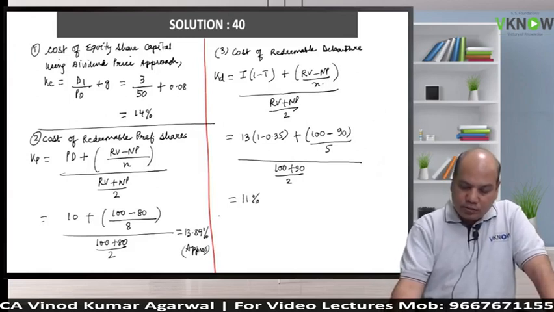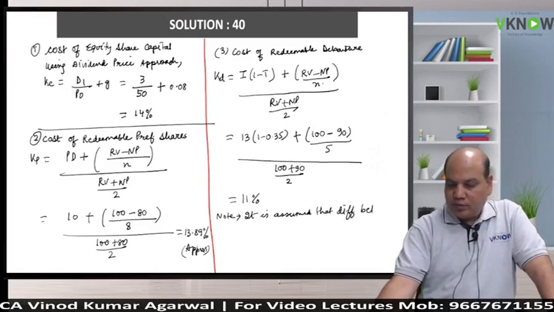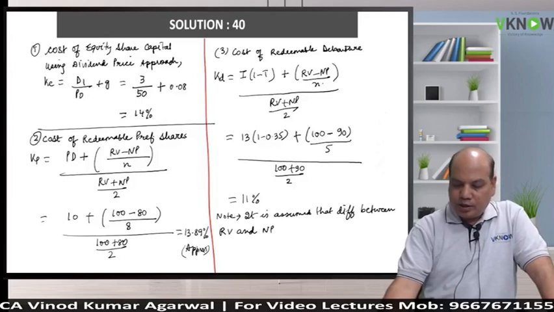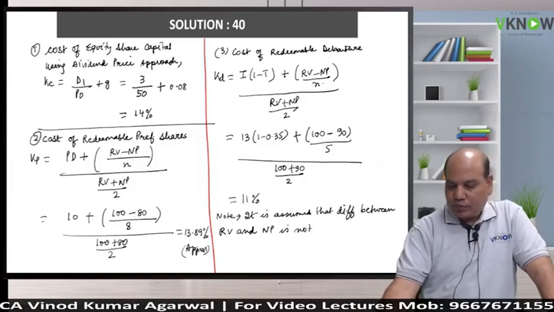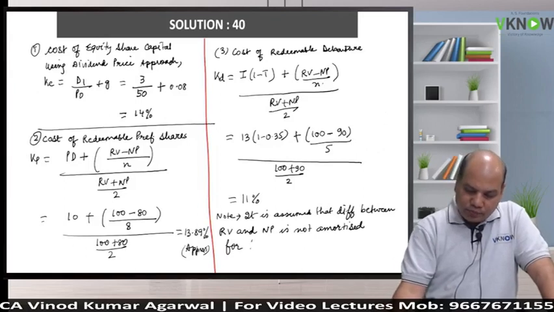11%. Write one note. It is assumed that the difference between redemption value and net proceed is not amortized for tax purpose.